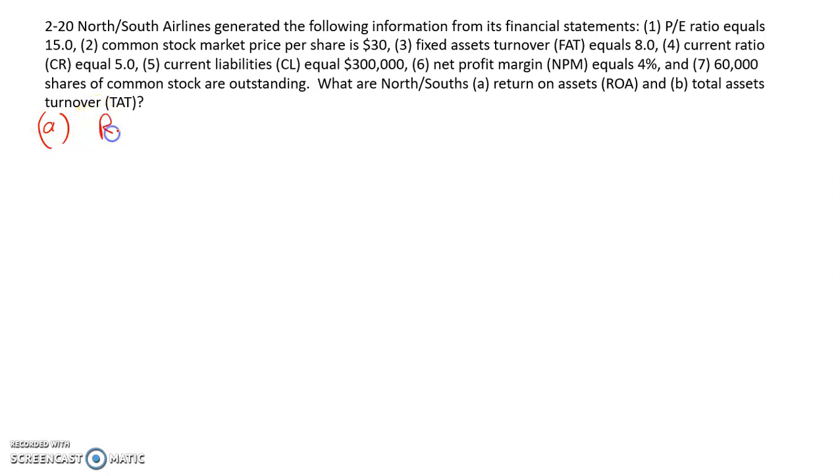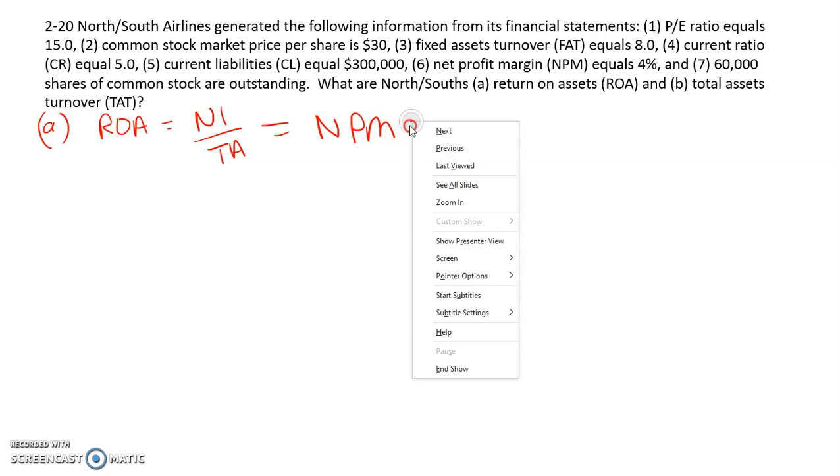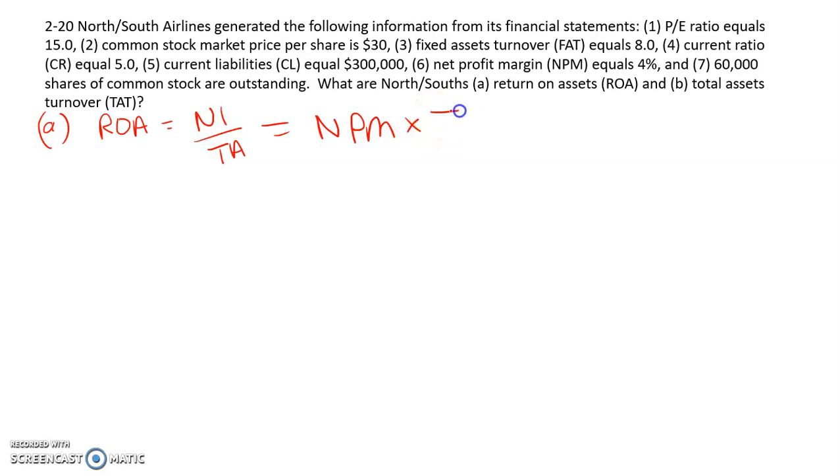So it's asking me for ROA, so that's net income divided by total assets. From DuPont analysis, it's also net profit margin times total asset turnover.